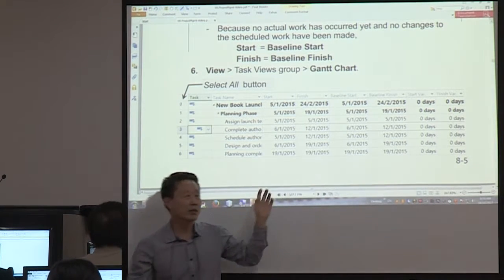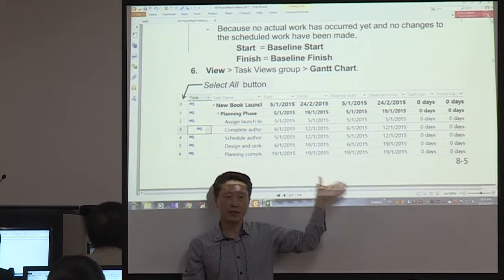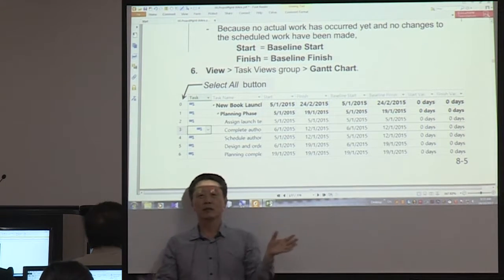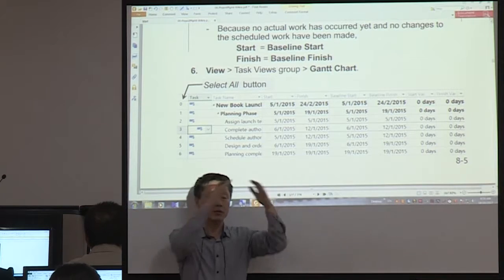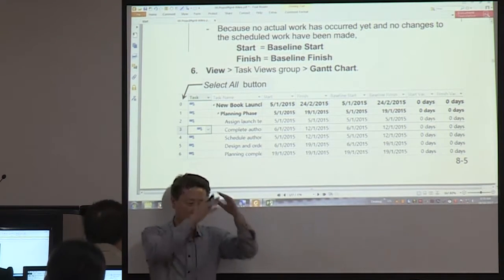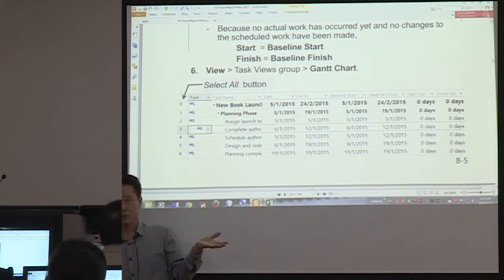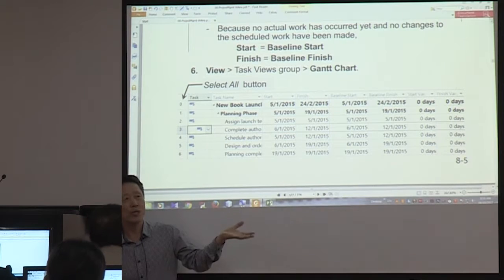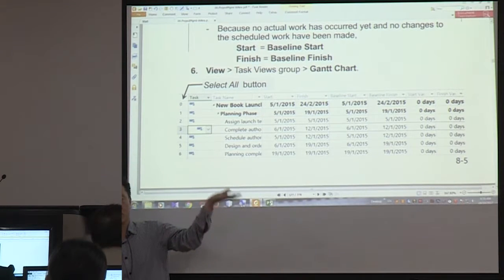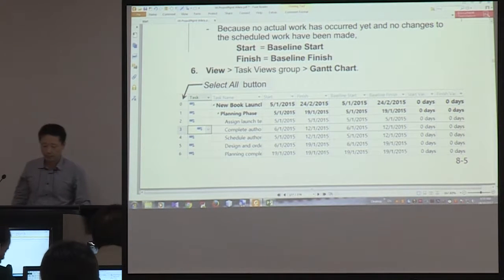The reason they are the same is that you just saved that baseline. There is a current plan. You save a baseline based on this current plan. So they are the same right now. But you will change the current plan later. Then they will be different in the future.